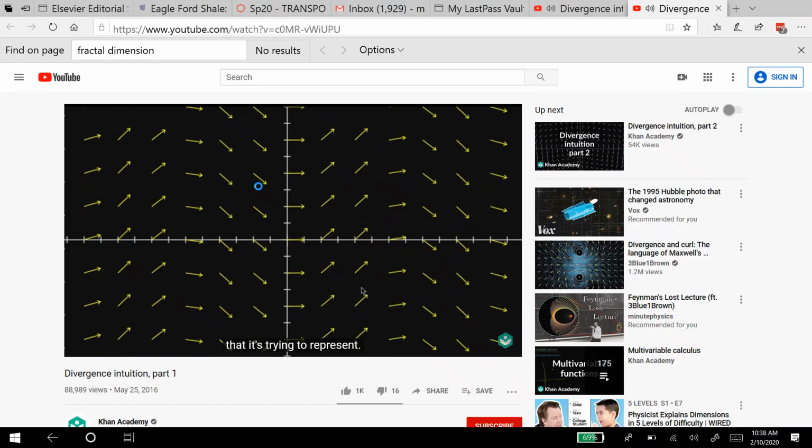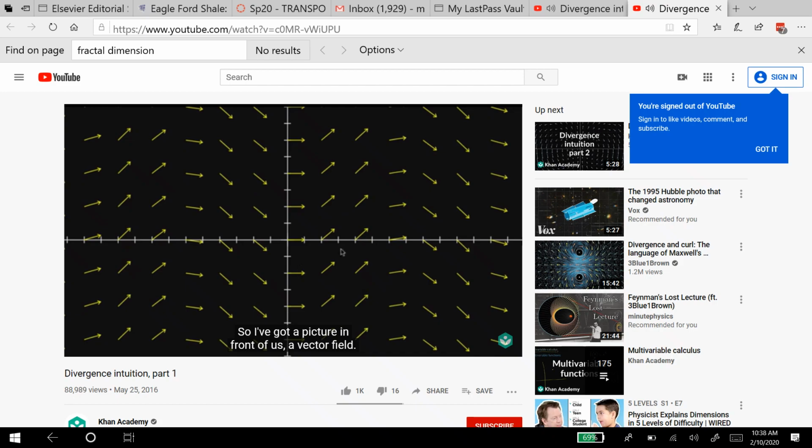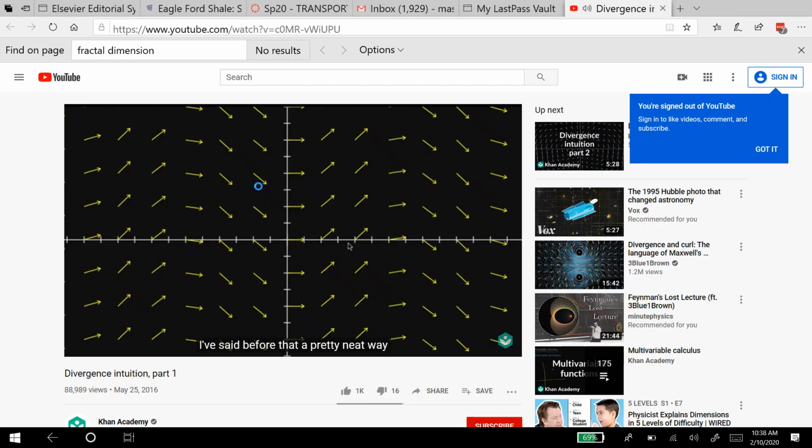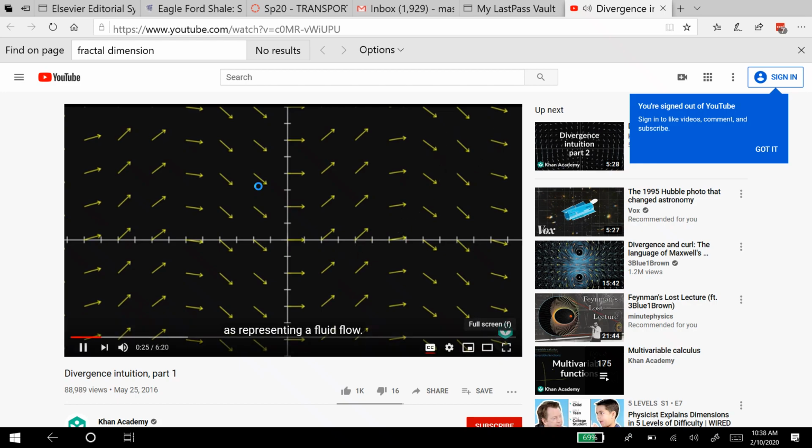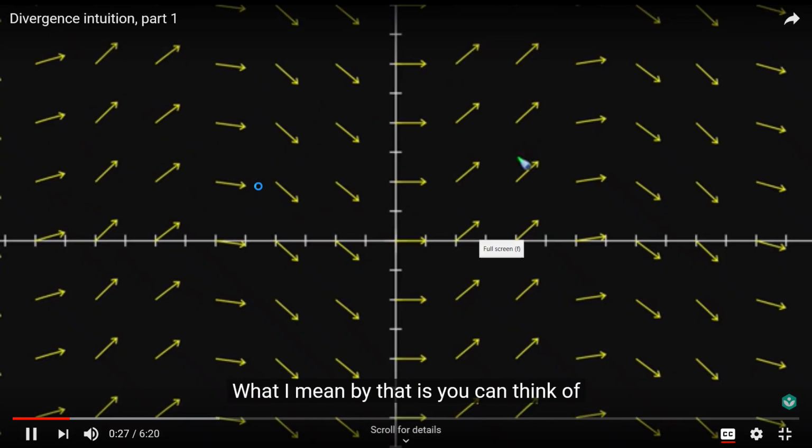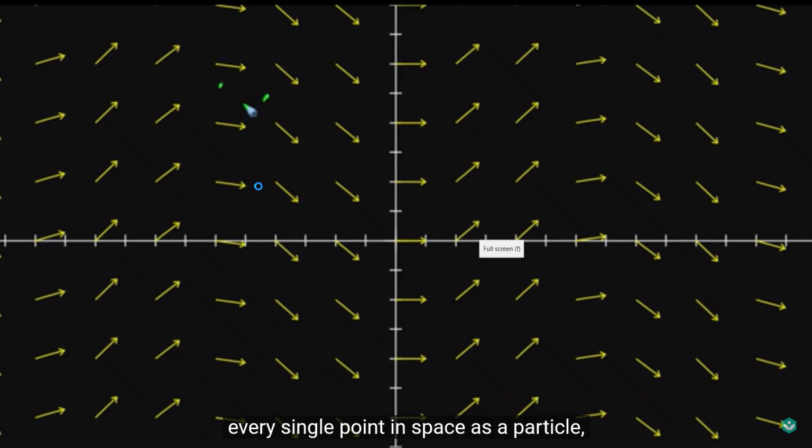Every single point in space, I've got it here as pictured in front of us, like a vector field. And I've said before that a pretty neat way to understand vector fields is to think of them as representing a fluid flow. And what I mean by that is you can think of every single point in space as a particle, maybe like an air particle or a water particle, something to that effect. And since what a vector field does is it associates each point in space with some kind of vector.